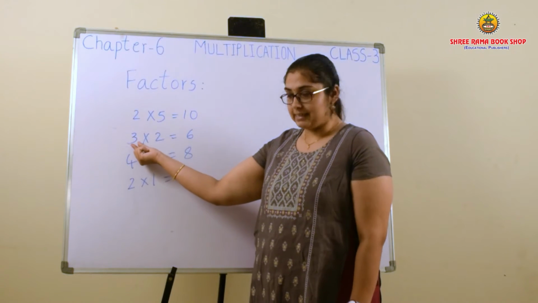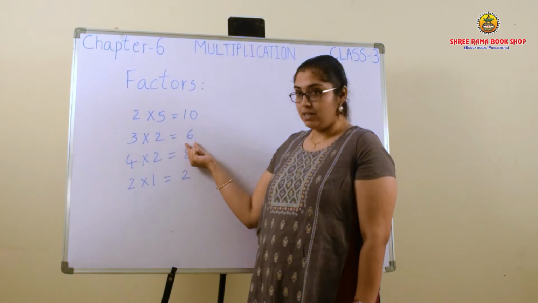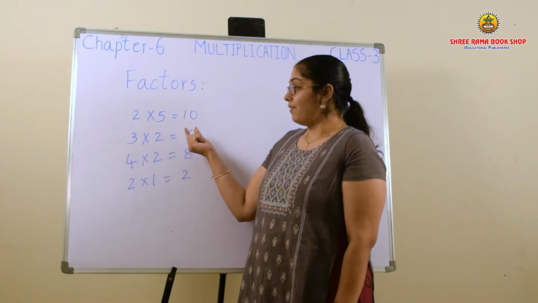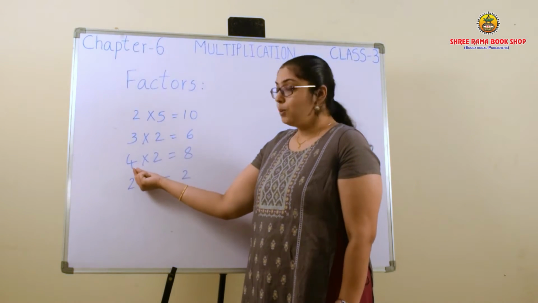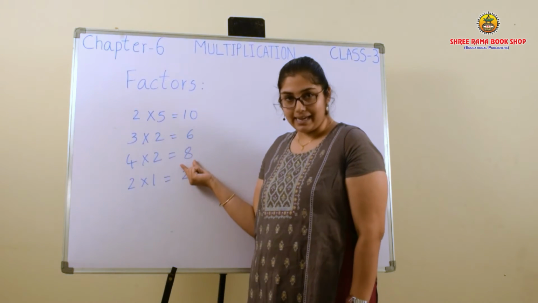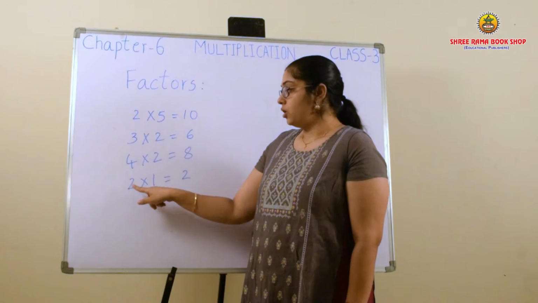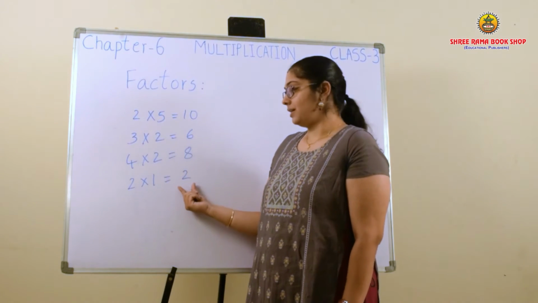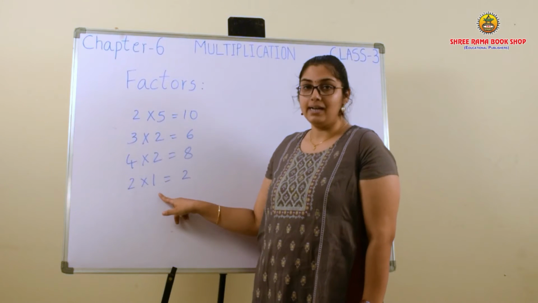Now another example, 3 into 2 is 6. So 6 is the product and the factors of 6 are 3 and 2. When you multiply 4 into 2, the product is 8. So the factors of 8 are 4 and 2. 2 into 1, the product is 2. So the factors of 2 here are 2 and 1.